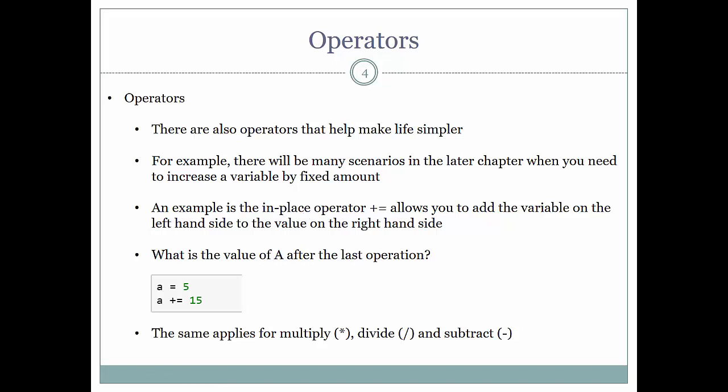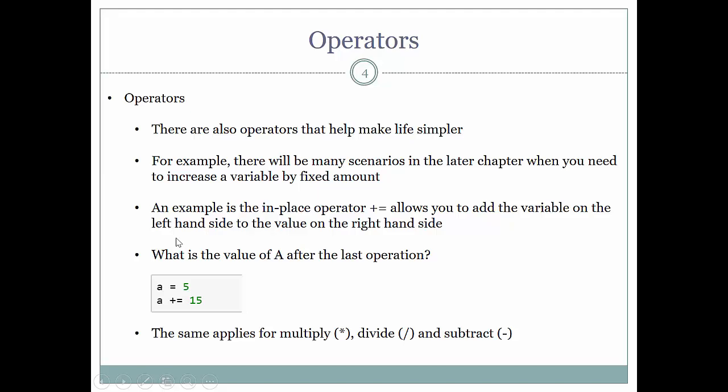It combines a usual operator such as multiply, plus, or divide with an equal sign. If it's a plus equals, we simply add the variable on the right to the variable on the left, and then assign it to the variable on the left. Sounds complicated, right? But actually it's quite simple.